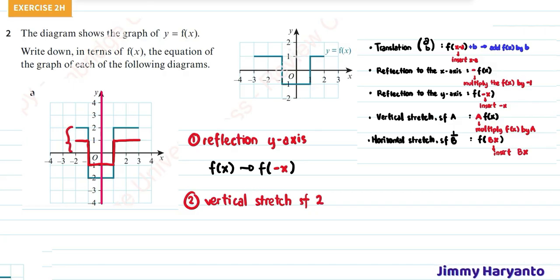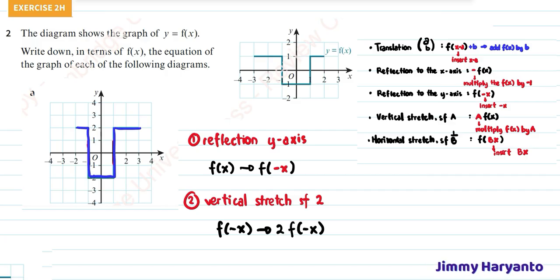That means the stretch factor will be 2. Yeah, and then when you draw it, it will be exactly the same with this one. Okay, so the transformation, the fx will be f negative x before. After you vertical stretch scale factor 2, that means you will use this formula. You multiply the fx by 2. 2 times f negative x. Like that. That is for question 2a.